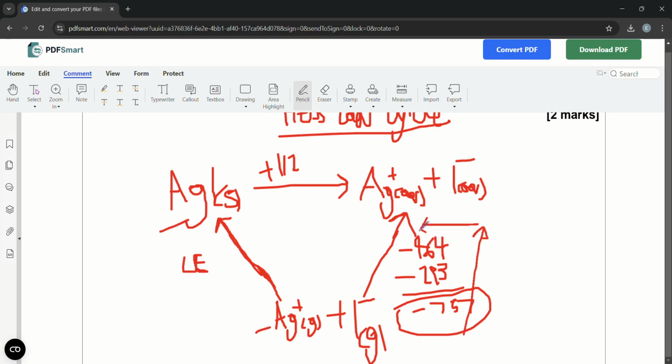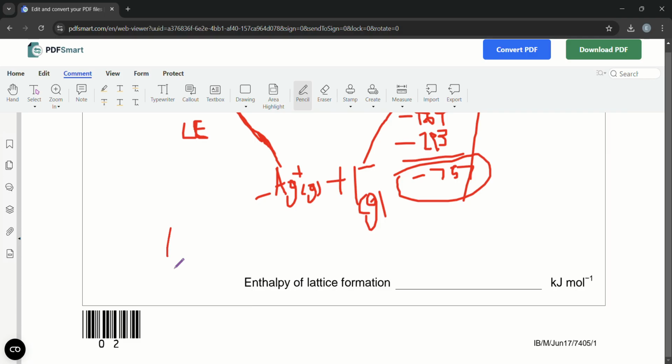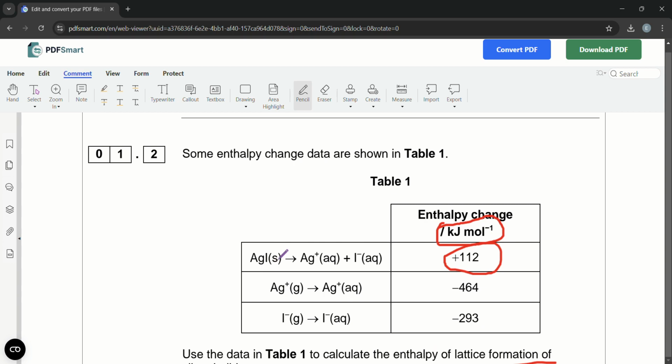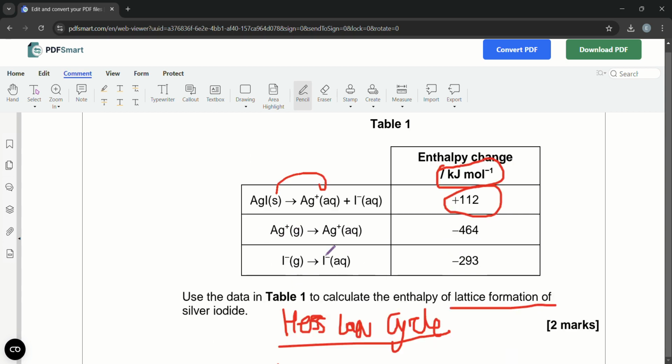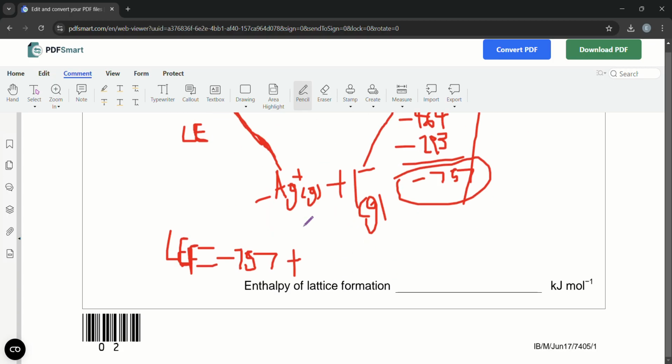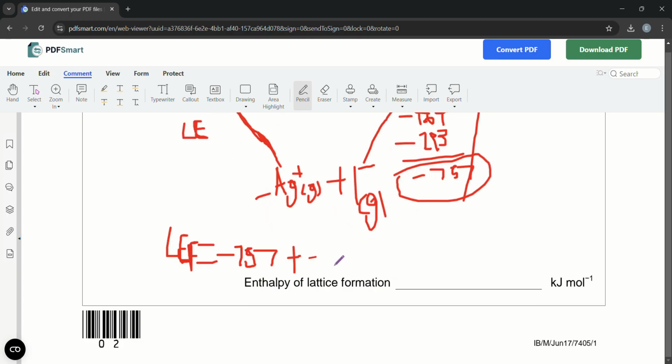We already know this way is minus 757, so the lattice enthalpy of formation is going to be minus 757 plus, well, this 112 is to go from its solid to its aqueous. We're trying to go the other way around, so it's not plus 112, it's minus 112.